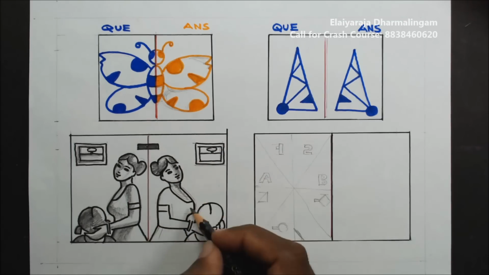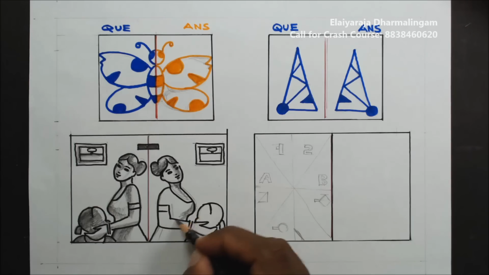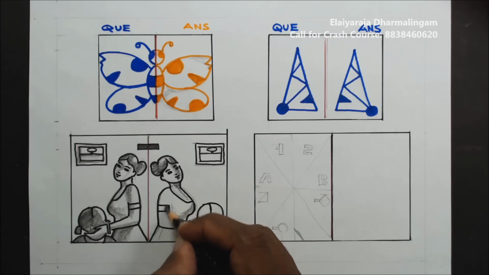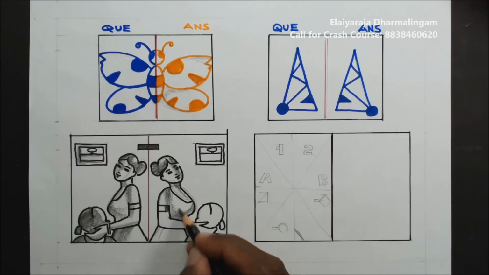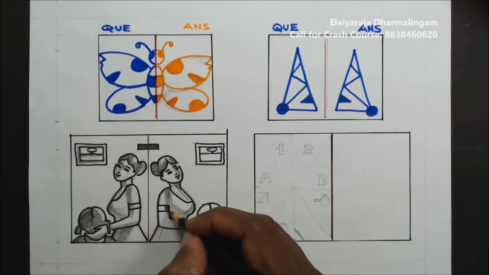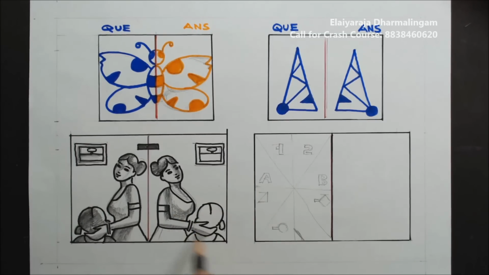So here the left side becomes the right side. So you could notice the difference between the light and shade, left and right side, I mean question and answer.